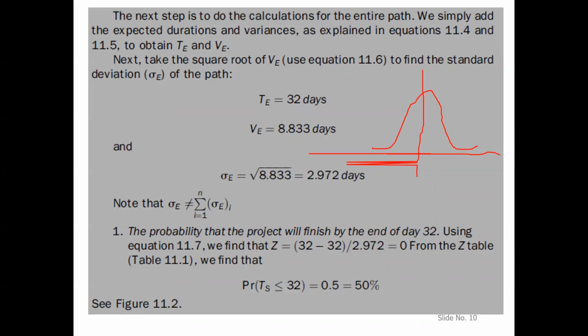When there is a value of z equal to plus or minus, we are towards the right and left of this curve. So in this case, there is a 50% chance that this project will end at the end of day 32.